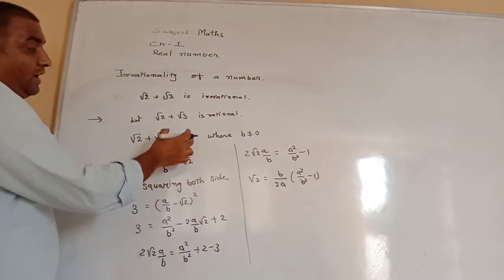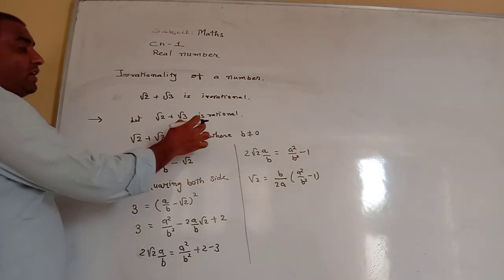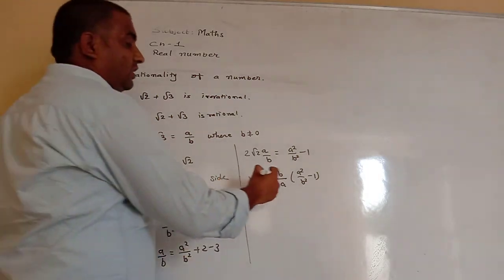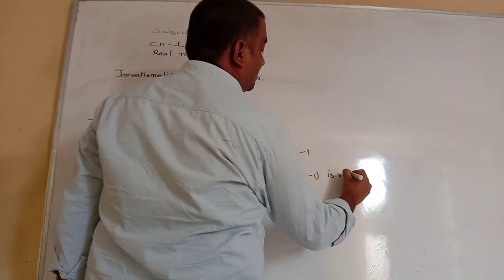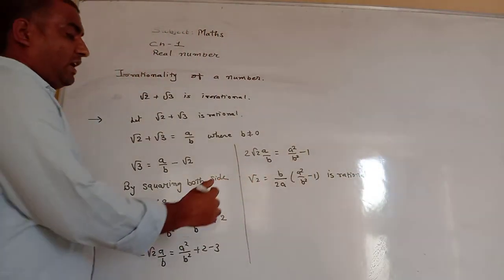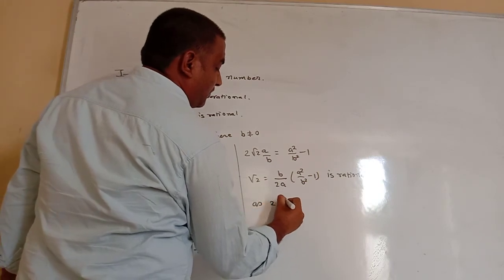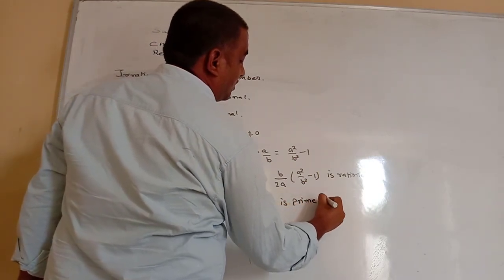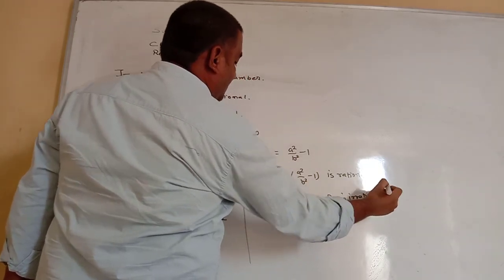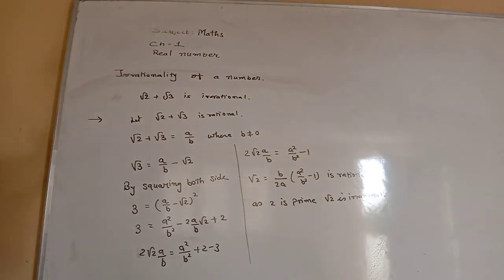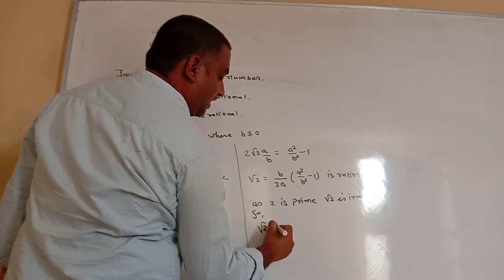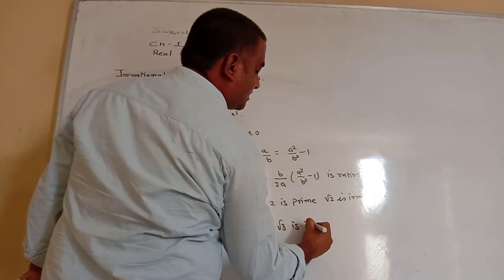This all, as root 2 plus root 3 we have taken as rational, this whole procedure is a rational number. So this simplification is also rational. So root 2 is rational, but we know that as 2 is prime, root 2 is irrational, and so we have a contradiction with the two statements, and so whatever assumption is there is wrong, root 2 plus root 3 is irrational.